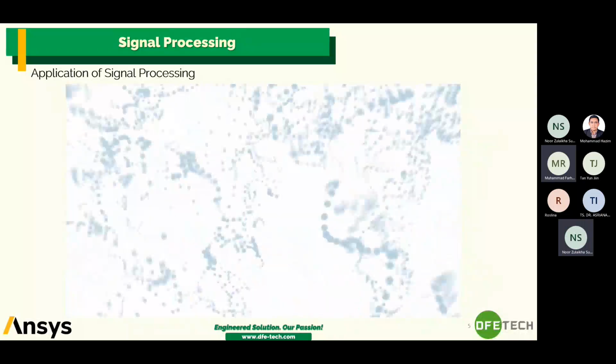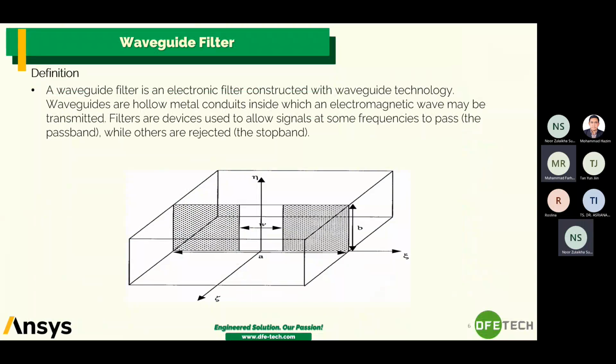Now let's jump to the topic of what a waveguide filter is. A waveguide filter is an electronic filter constructed with waveguide technology. Waveguides are hollow metal conduits inside which an electromagnetic wave may be transmitted.